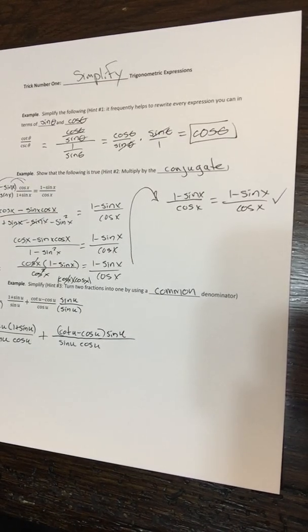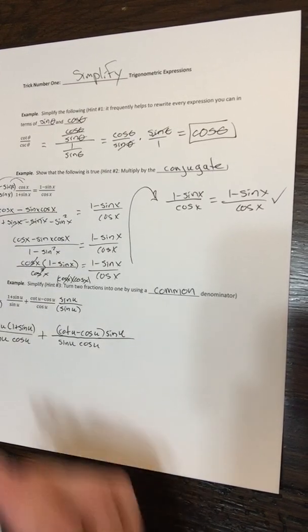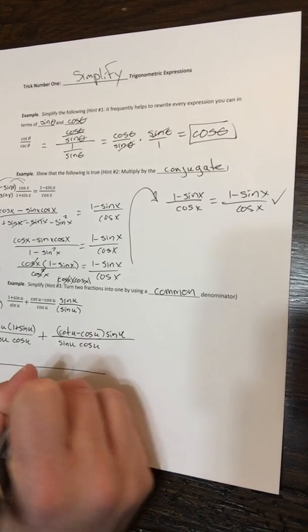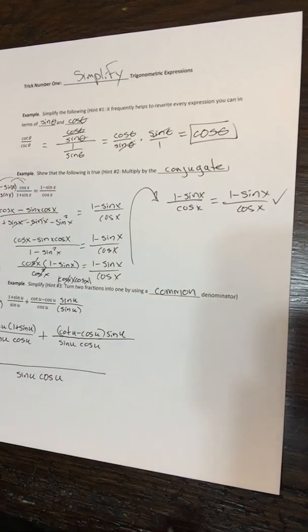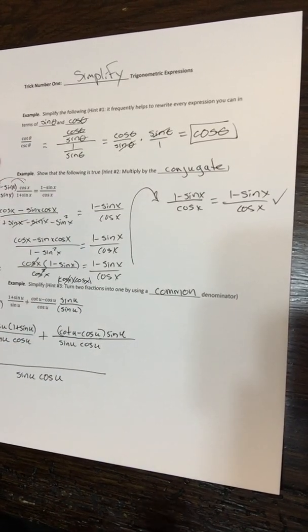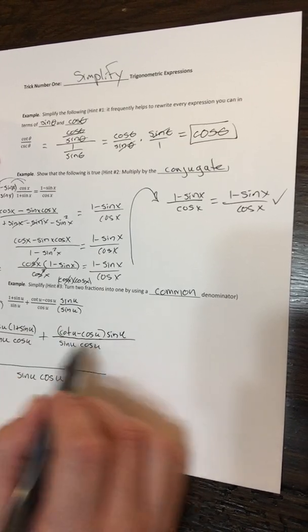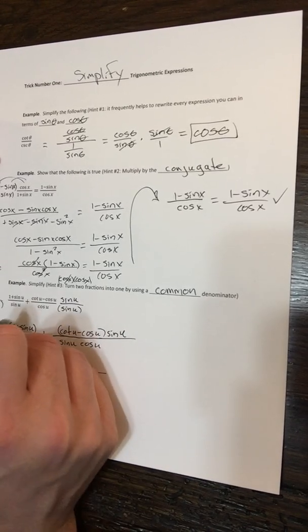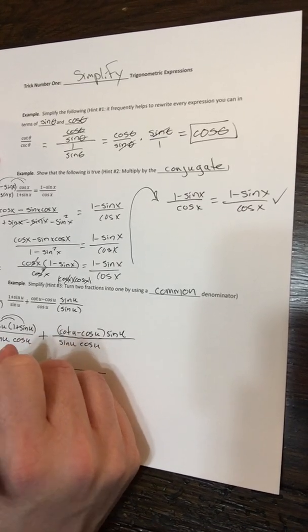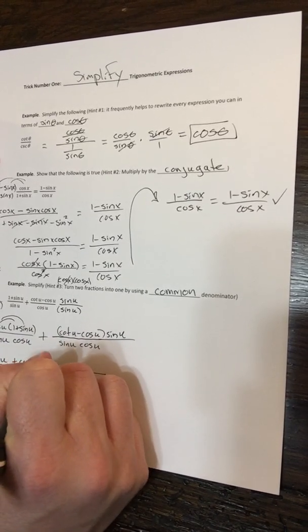Okay? What is going on here? So I'm going to write one denominator of sine of u cosine of u. Now, I don't see this canceling with all of this stuff, so I'm actually going to use the distributive property and write all of this stuff together. Ready? Cosine times both of these goes cosine of u plus cosine of u times the sine of u.